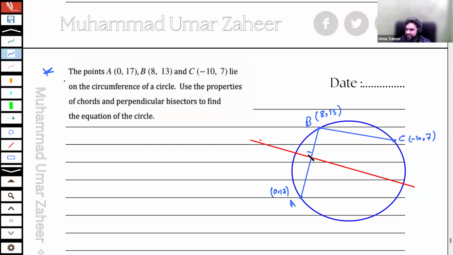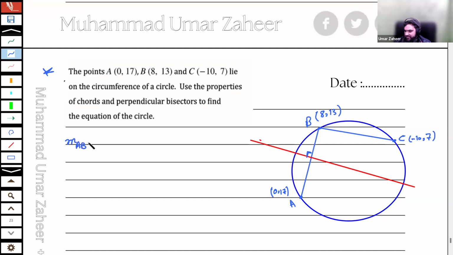Can anyone tell me what is the relation between the gradients of these two lines if they are perpendicular? Yes, they are negative reciprocals of each other. So we have to find the gradient of line AB.